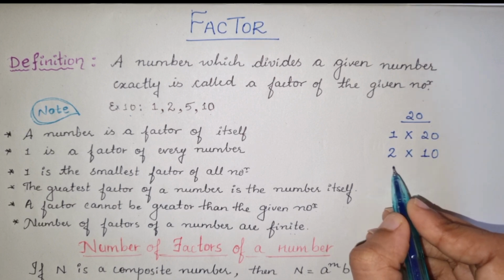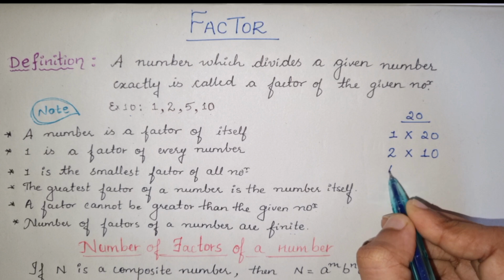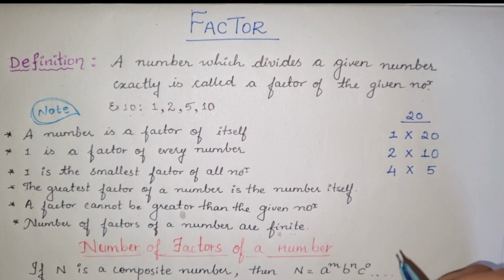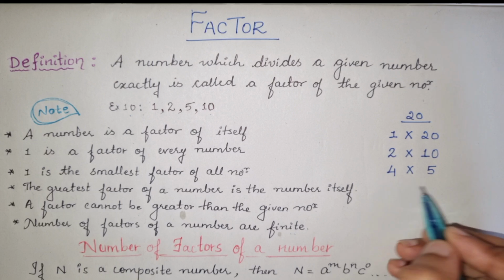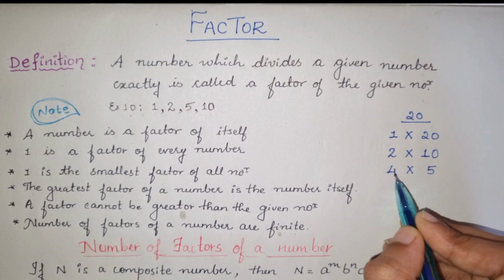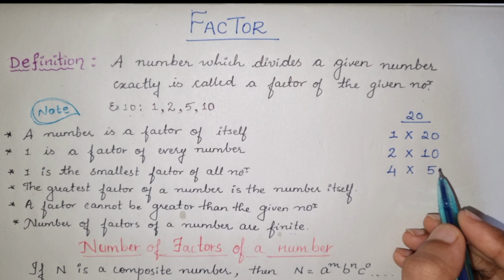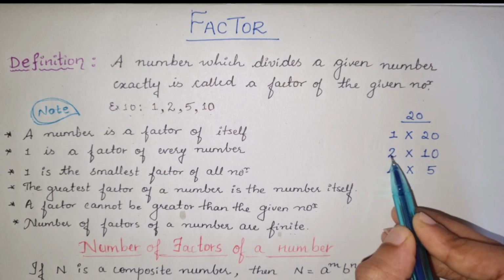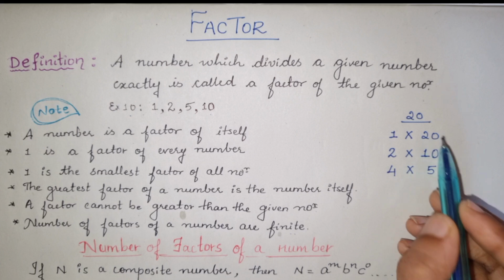Then what about 3? It is not possible. 4 into 5 is also 20. So again 5 we need not repeat because it is already written. Then 6 is not possible. 7, 8, 9 are not possible. Again 10, 10 into 2 is 20. Then directly to 20.